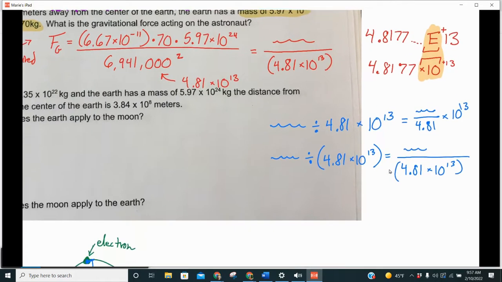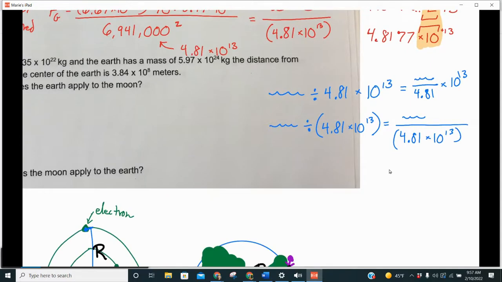If you're trying to figure out how to put this into my calculators, and you're using the pink calculators, I will type in 4.81 just like normal, times, and then I need to do 10, and then there's a button that looks like this. It's called a caret. And then I type 13, and so that's the same as times 10 to the 13th.